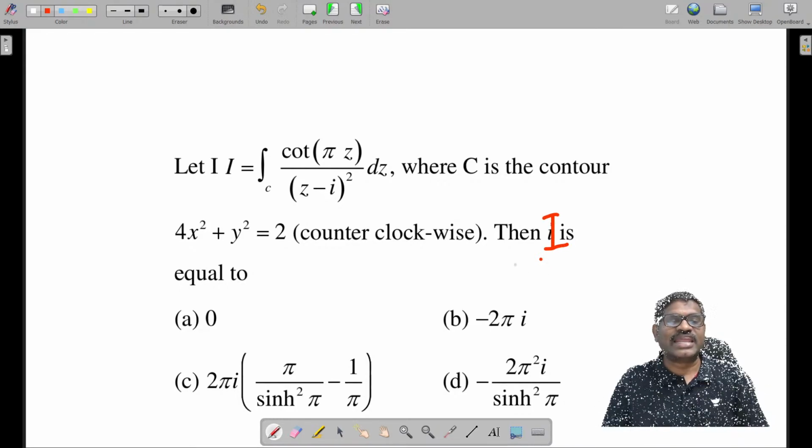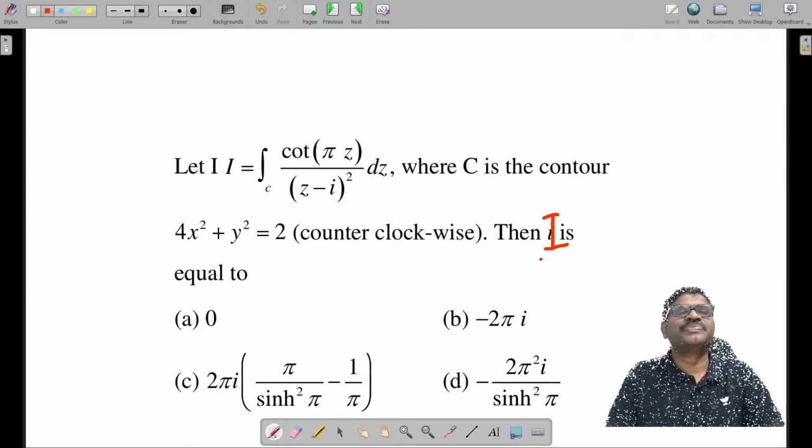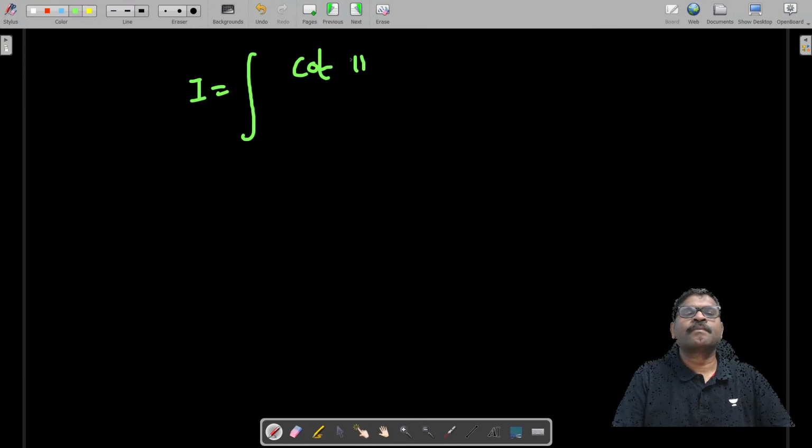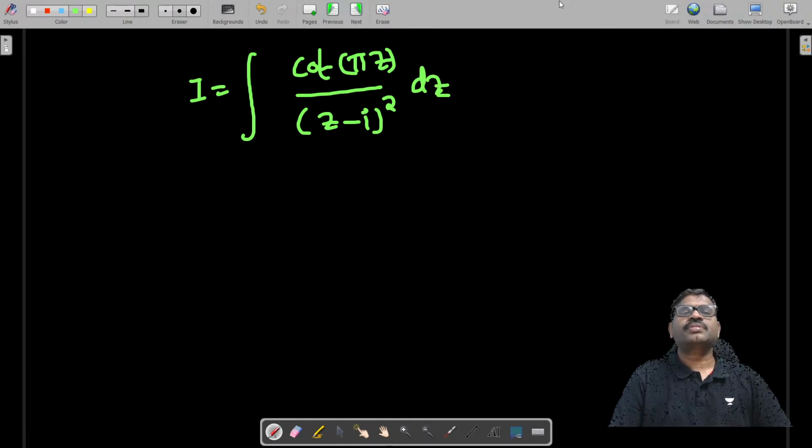The value of the integral is, please observe, the integral of cot pi z by (z minus i) whole square dz.